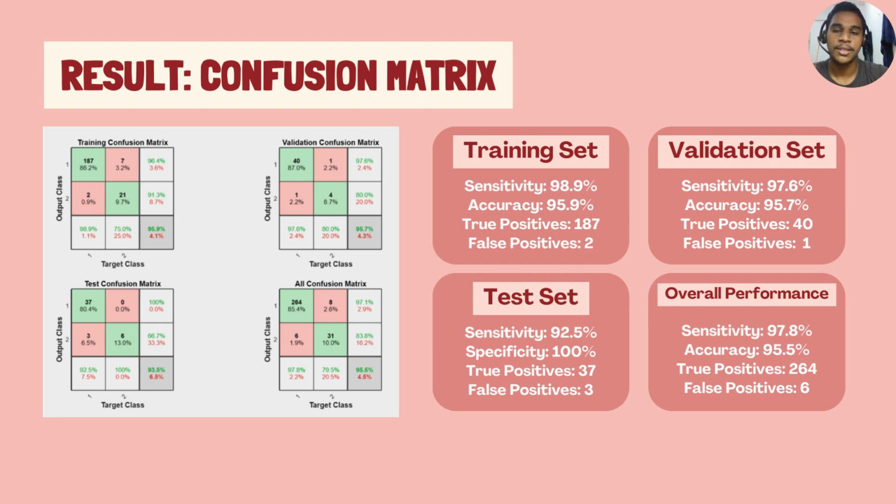We had 37 true positives and 3 false positives. Looking at overall performance across all sets, our model maintained a high sensitivity of 97.8% and accuracy of 95.5%. In total, we had 264 true positives and 6 false positives.